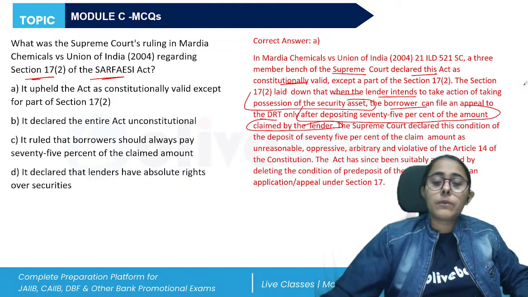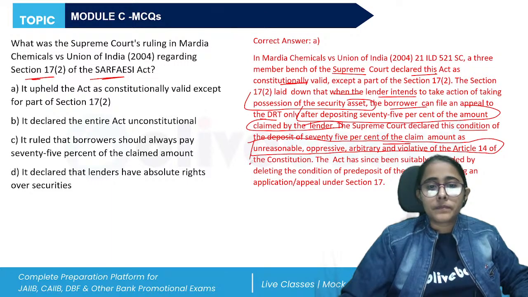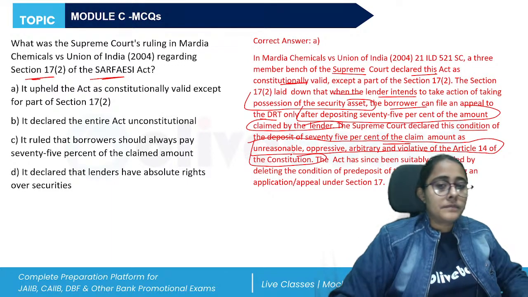And then the Supreme Court declared this condition of deposit of the claim amount as unreasonable, oppressive, and arbitrary and violative of Article 14 of the Constitution, the right to equality.